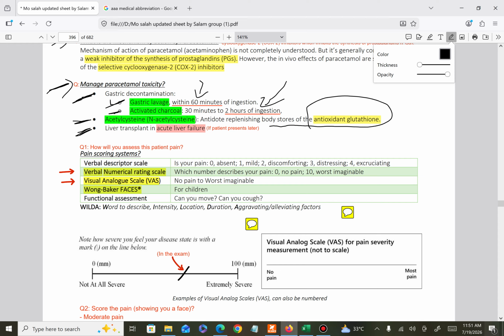Then the third option is liver transplant in those patients who have acute liver failure or present late. Okay, so this is important.